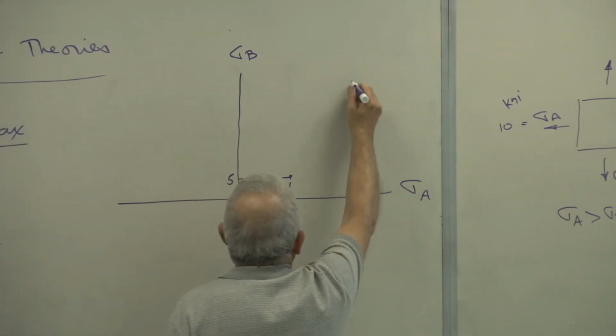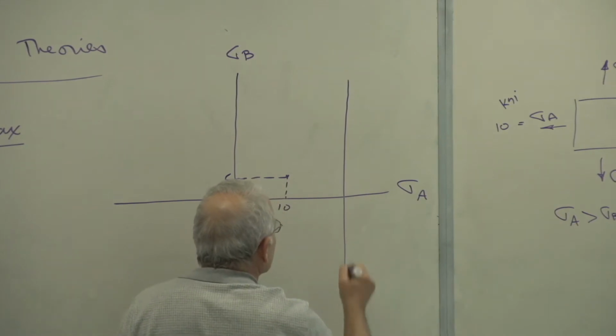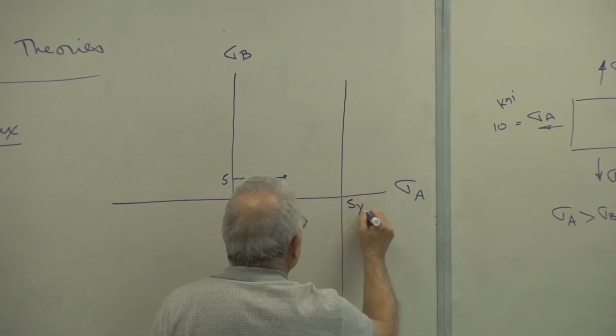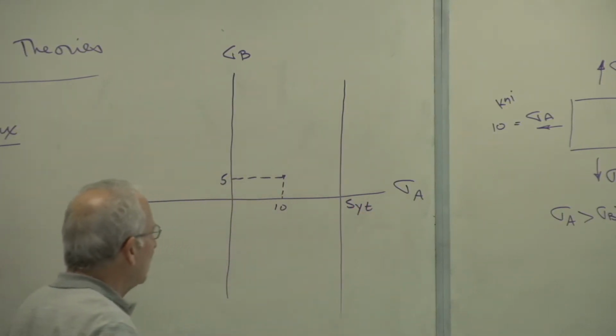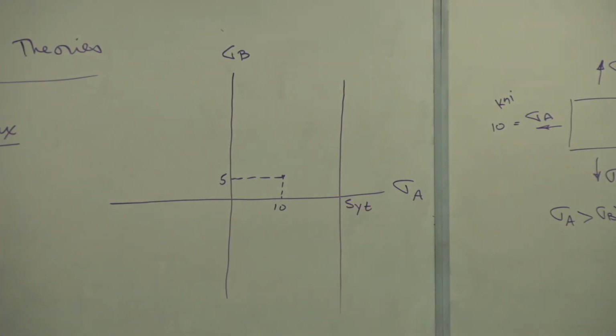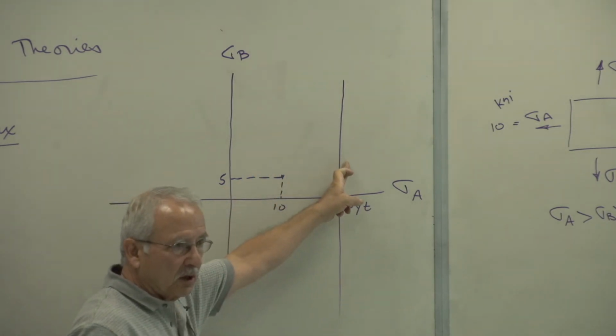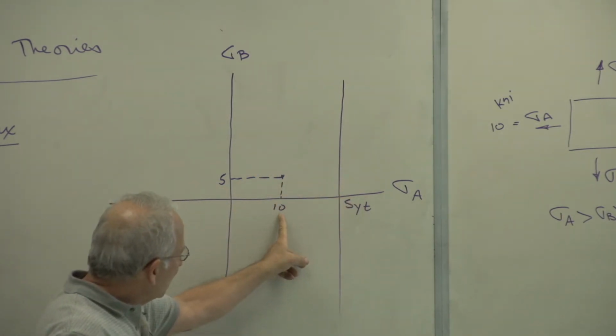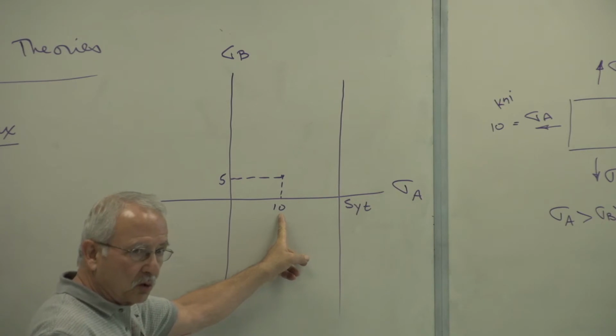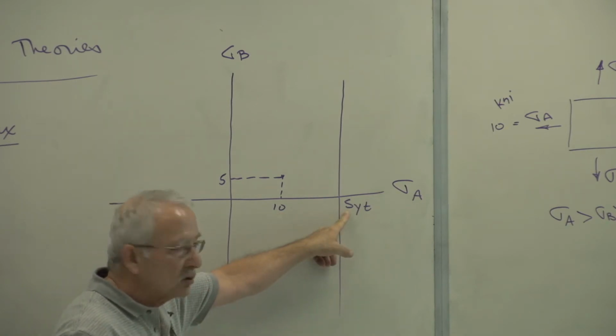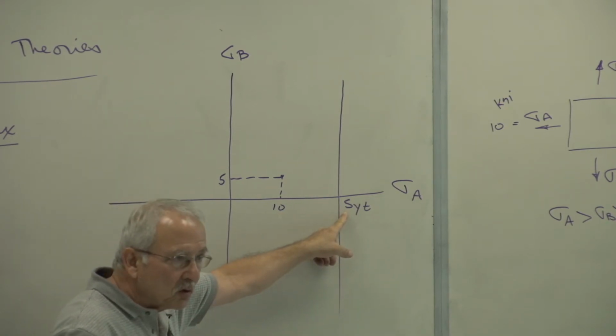And here is the yield strength of the material. The T indicates tension. As we increase the load, both of these will increase. There will come a time when the value of sigma A is no longer equal to 10, but it's equal to SYT.